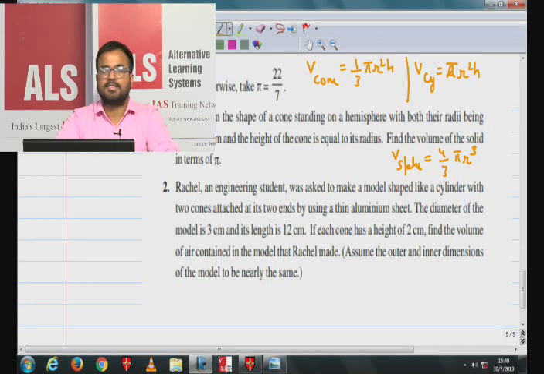Yes, Sisipur, the answer is right. Perfect. Shillong, how are you getting 2 as the answer? 2 is not the right answer.